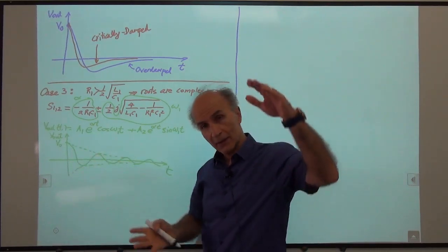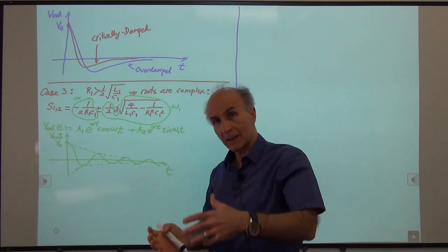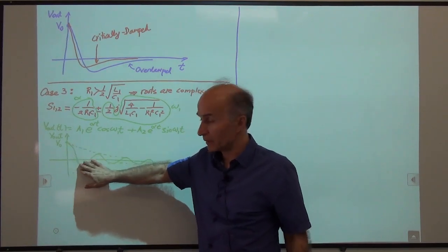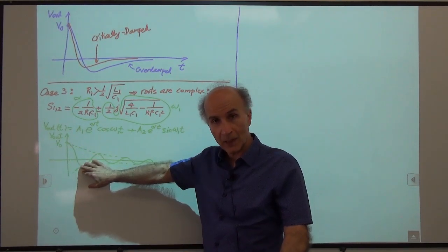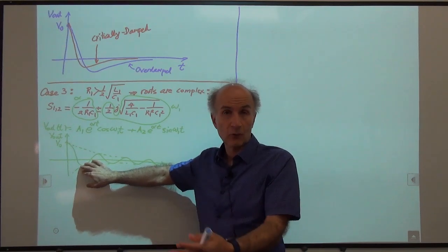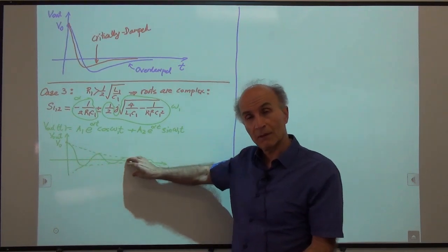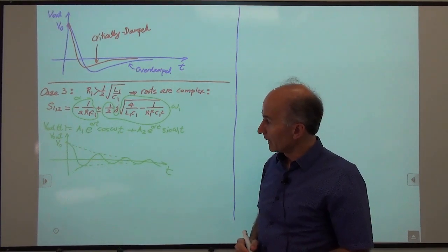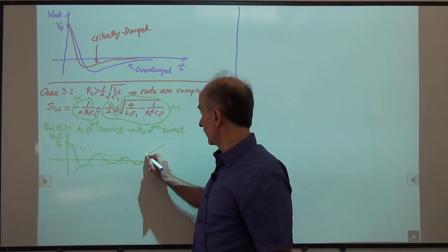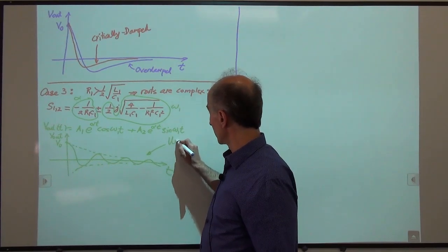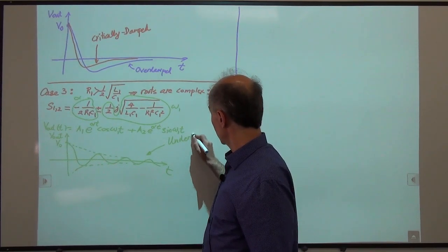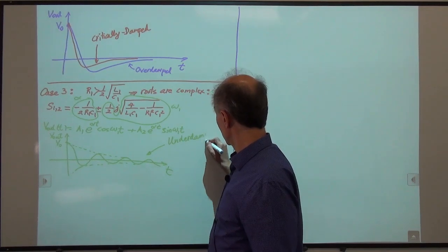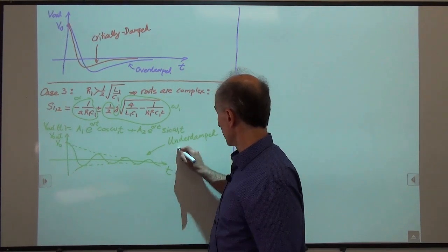So it has that sinusoidal behavior, but it's decaying because in every cycle we lose some of the capacitor energy to the resistor in the form of heat. So eventually everything goes to 0. Okay, so this is what we call an underdamped response.